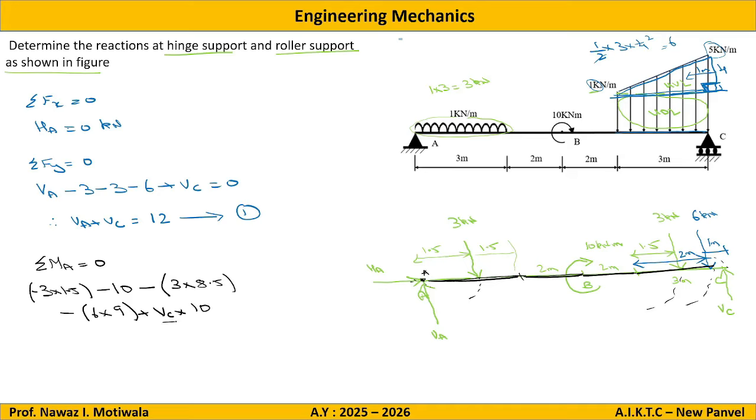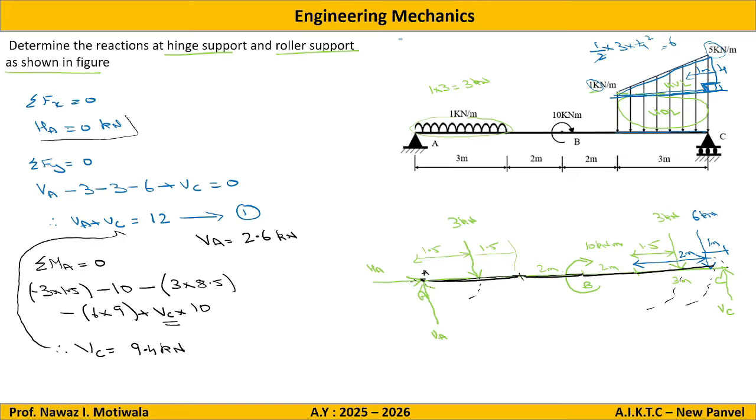If you observe here now, the only unknown is VC. If I substitute values in the calculator and solve, I will get VC as 9.4 kilonewtons. And with VC as 9.4, put this value of VC here to get VA, which I will get as 2.6 kilonewtons.